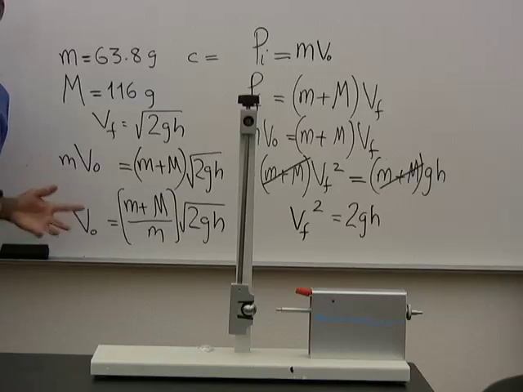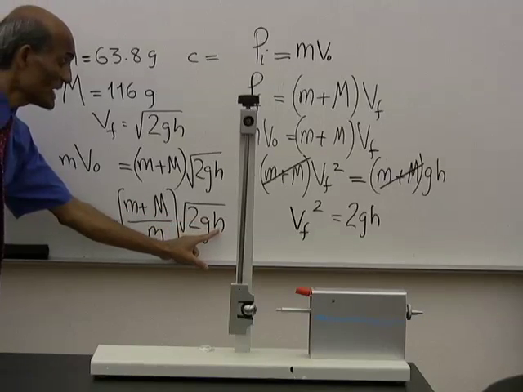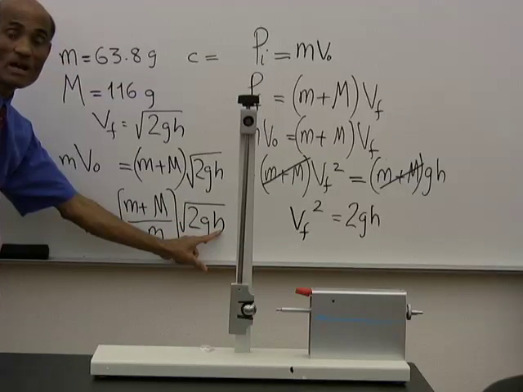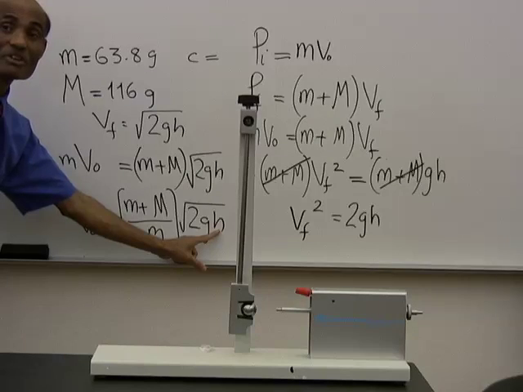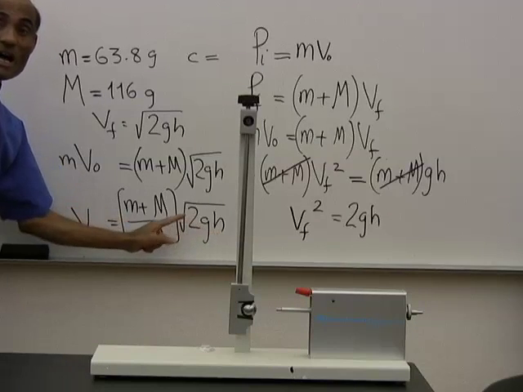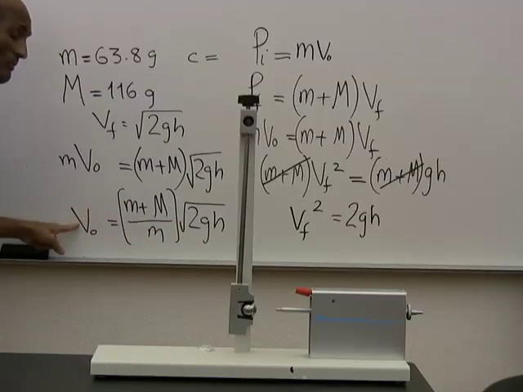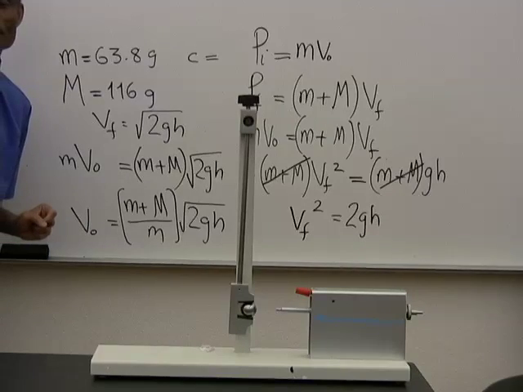Okay, now in that case, we will do 5 trials. We will measure the h value for 5 trials, and you find the average value of h and use it in this equation to find v0. Okay?